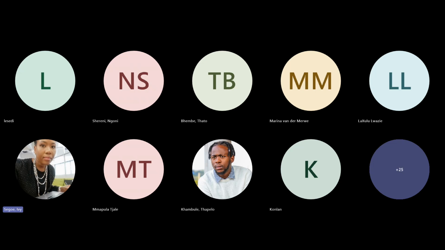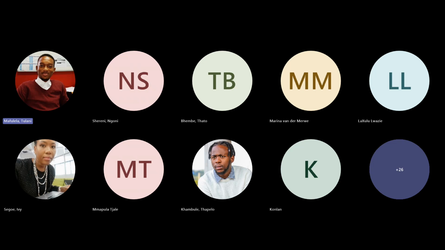Can we then take a question from, I don't know who this person is. Okay, Mafulela Tulani. Good morning, colleagues. Hopefully you can hear me. Yes, we can. Good morning. Okay, thank you so much. So I'm trying to use EndNote to organize my material.